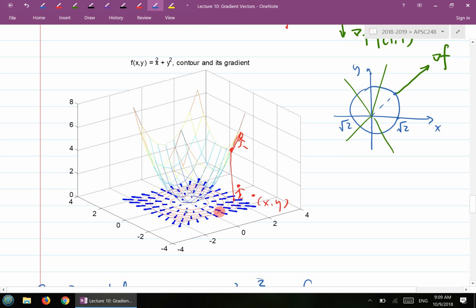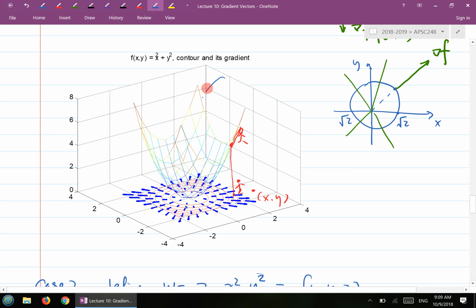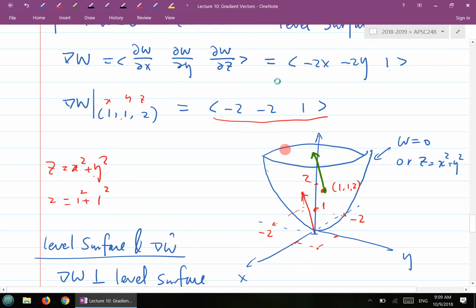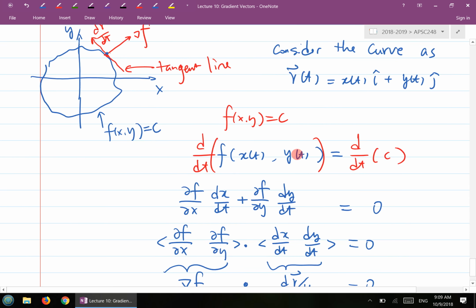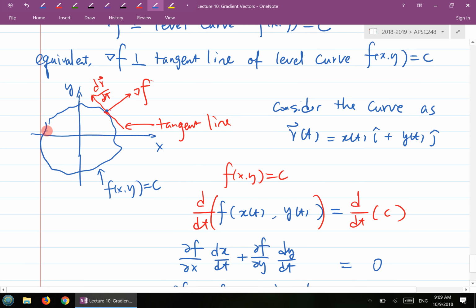Here the gradient vectors are drawn together with the level curves. When we say the gradient increases the function f, the function f is this surface, f of x, y, or z equal to f of x, y. Here I'm just showing you the level curve. Where is the function f of x, y? It's actually on top of it. There is a surface here.